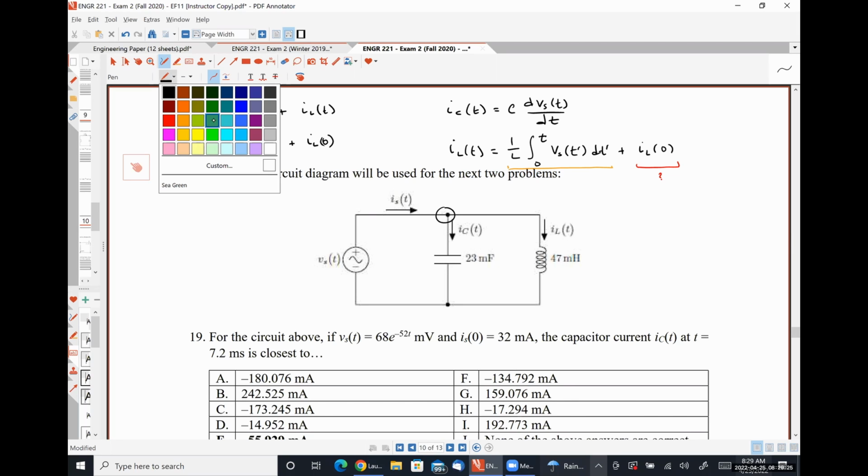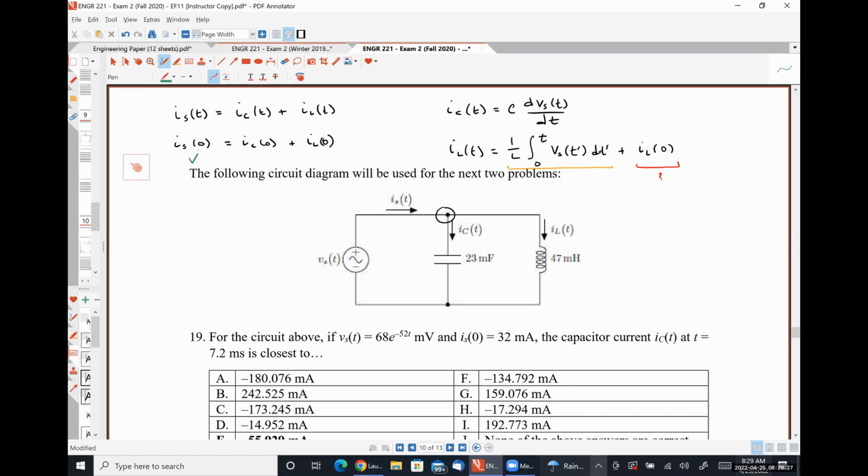Well, IS of 0 is given to you in the problem statement. IC of 0 is literally just this evaluated at t equal to 0. And then from those two numbers, you can solve for IL of 0, which you would then substitute into your inductor current equation, and then you're done.